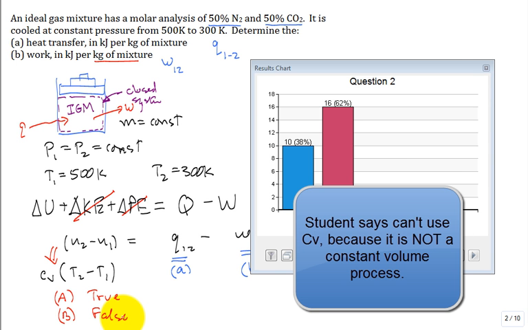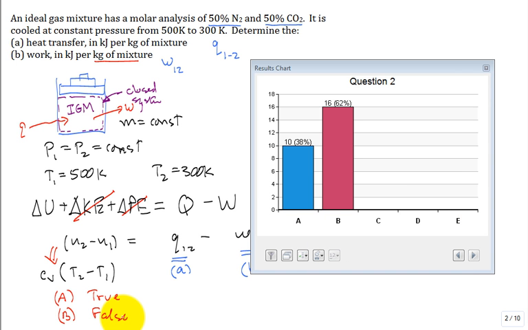Okay. Why would somebody call this false? The volume's not constant. You know, I put stuff out there on the internet, and one person says he doesn't know how to teach thermodynamics because he uses C sub V wherever, even if it's not a constant volume process.